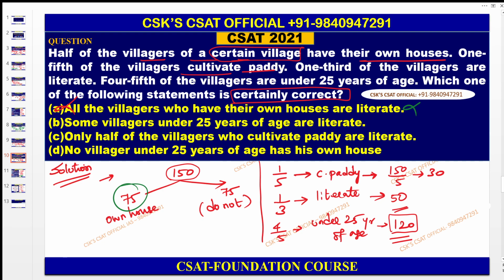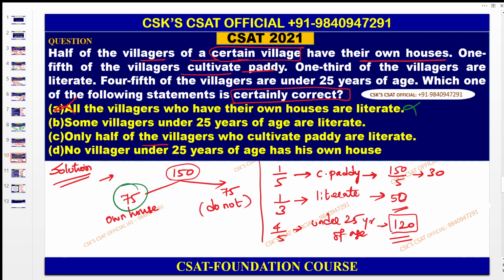Some villagers means you have to take from that 150 total. So these 50 relate to the some, out of that total. So let us check with the other options. We will come back to this one. Now check this one.